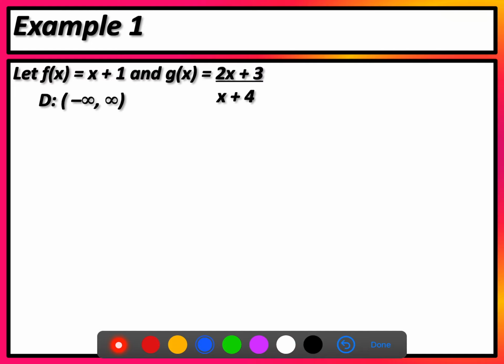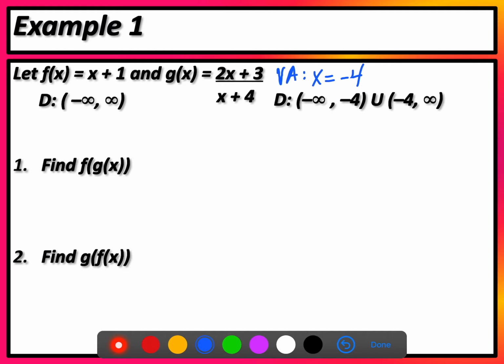So for the domain of a rational function, we have to look for holes and vertical asymptotes. I can see that nothing is going to factor and cancel here, but I do have a vertical asymptote at negative 4, because of that denominator. So my domain is going to skip over that value.